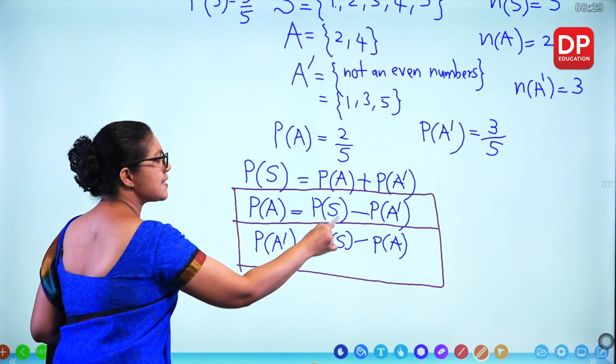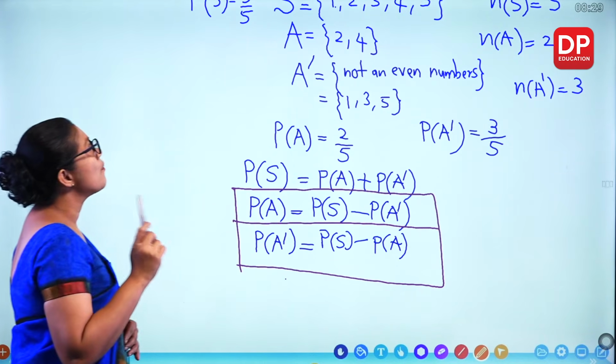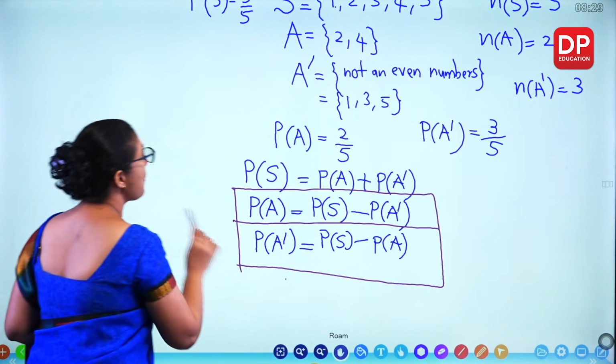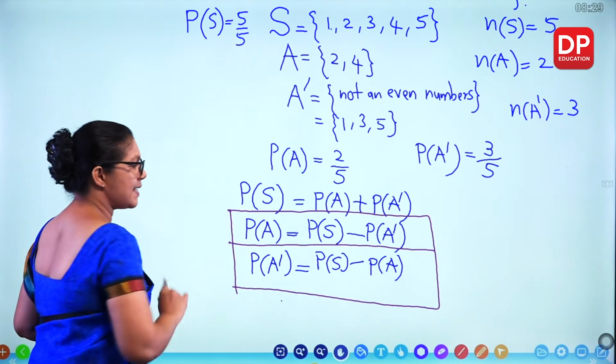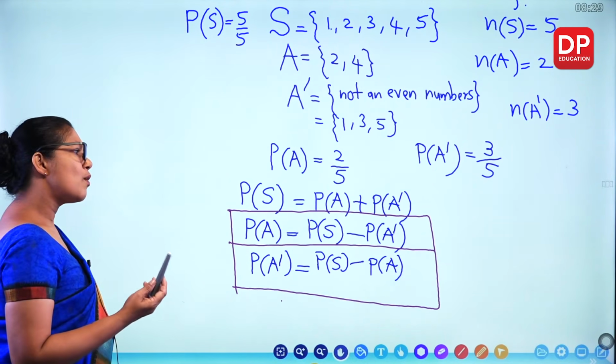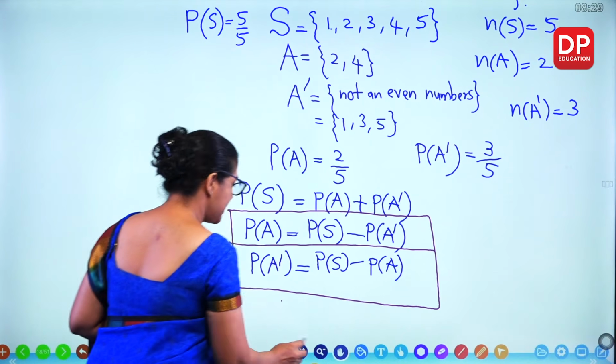So what is P(S)? We know 5 over 5 is 1. So we can replace P(S) with 1, and I can rewrite this formula.